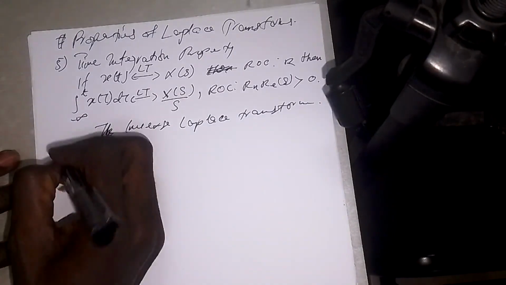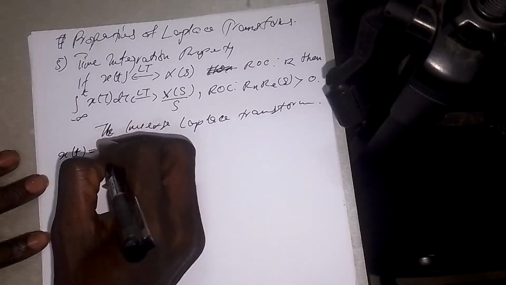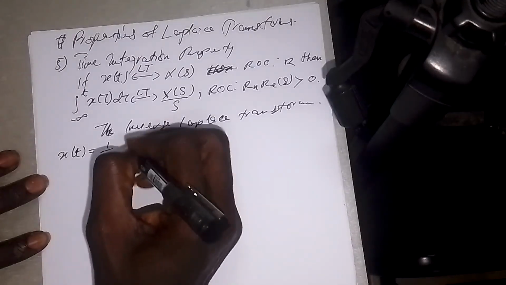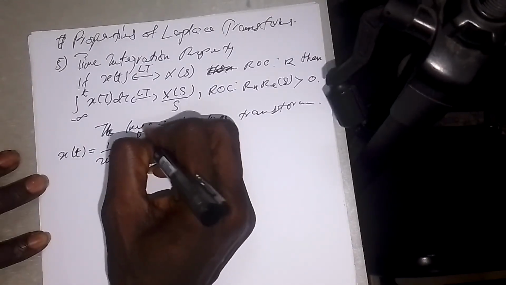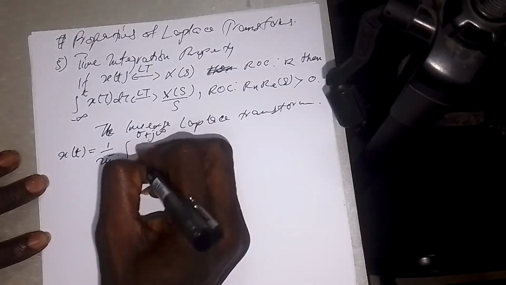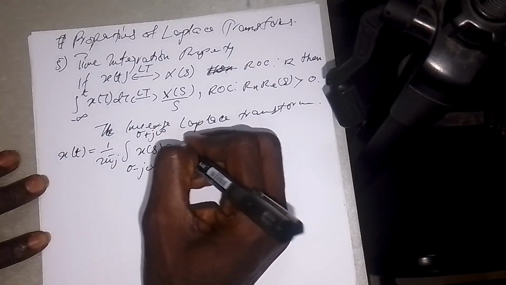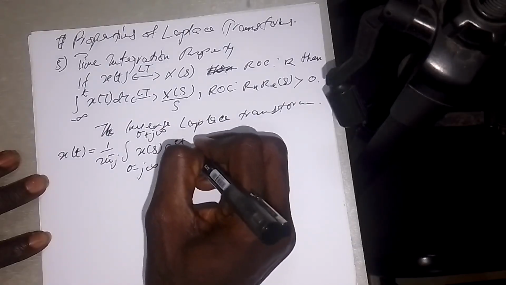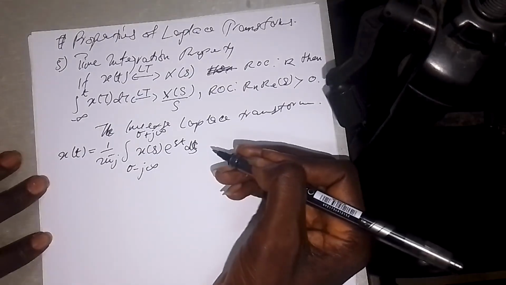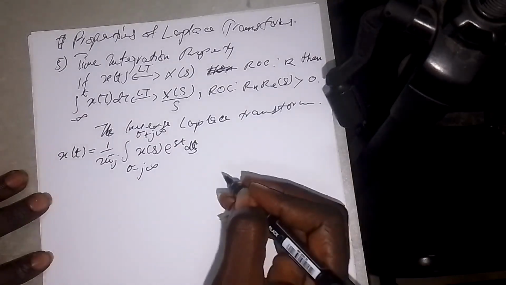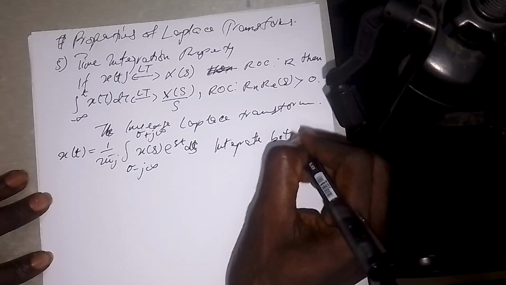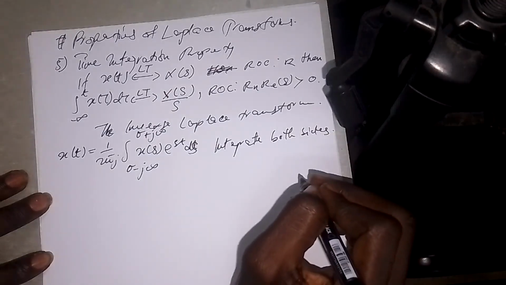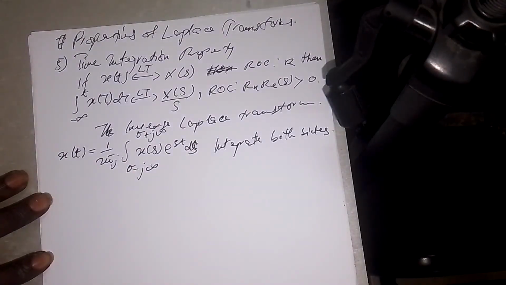We know that x of t is equal to 1 over 2 pi j times the integral from sigma minus j infinity to sigma plus j infinity of X of s e to the s t ds. Now what we do is integrate both sides.